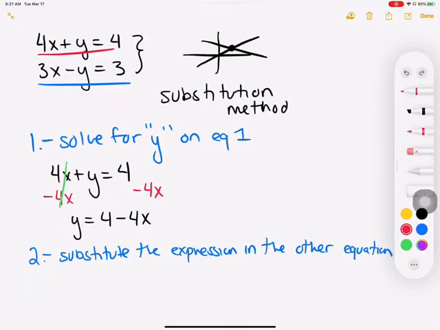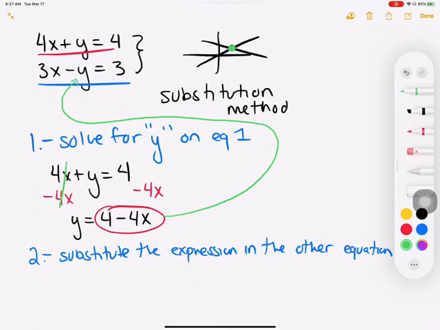This means that this value for y, if I want it to be the exact same point, or the exact same y value for both graphs, it means that I have to take this expression and substitute it in the y of the other equation. So in this case, I'm going to take the expression, and this is going to get substituted into the y of the second equation. So this is the substitution method.